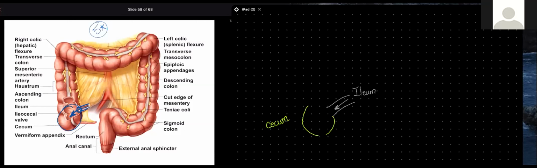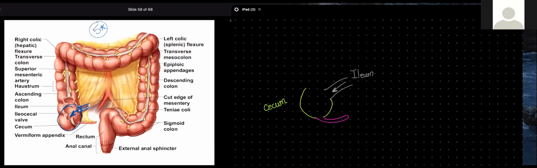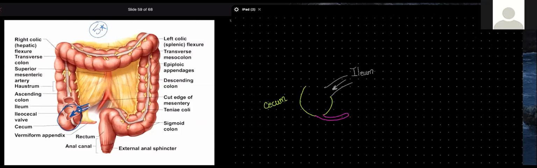And the cecum has a protruding part like this. This is called the vermiform appendix.